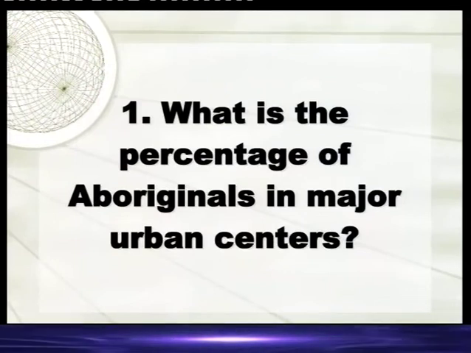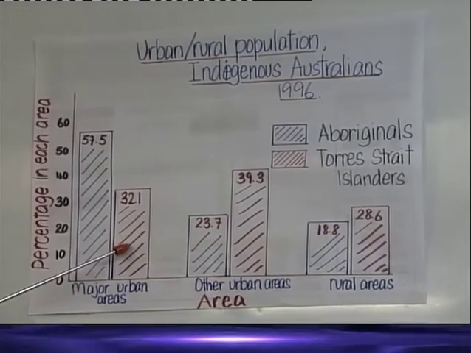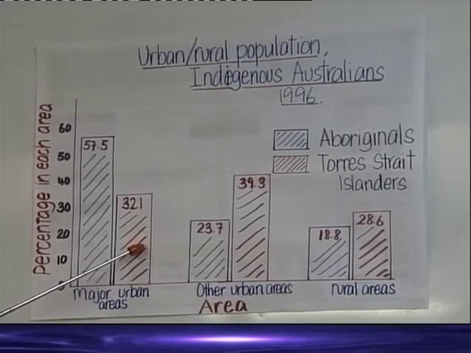All right. Looking at your graph, don't forget, you look at the key. This bar is only for the Aboriginals. The red bar or column is only for the Torres Strait Islanders.